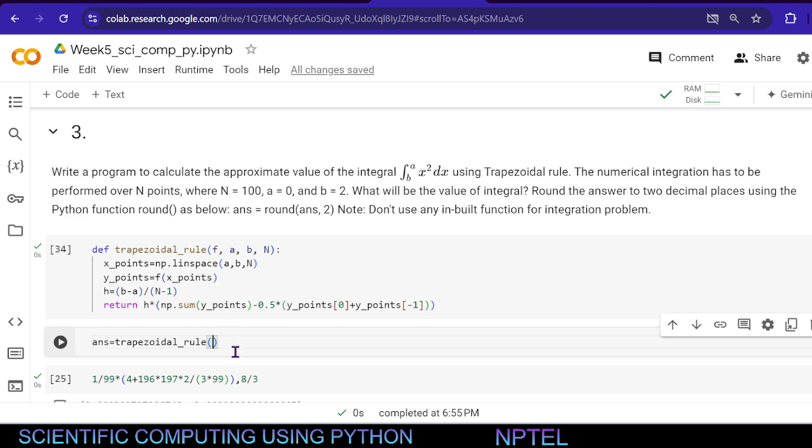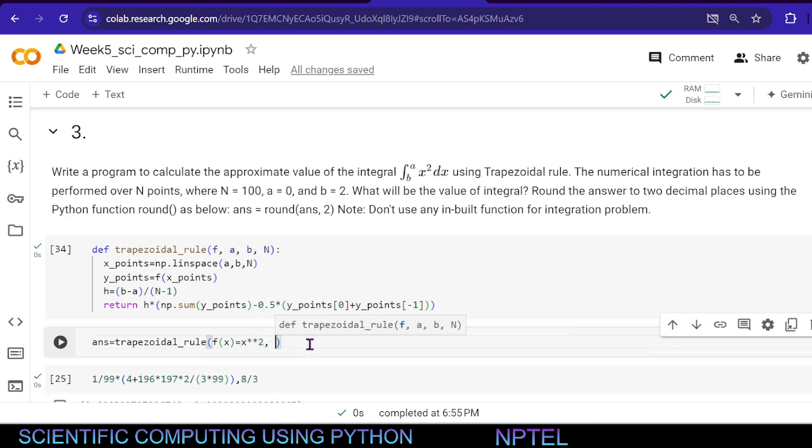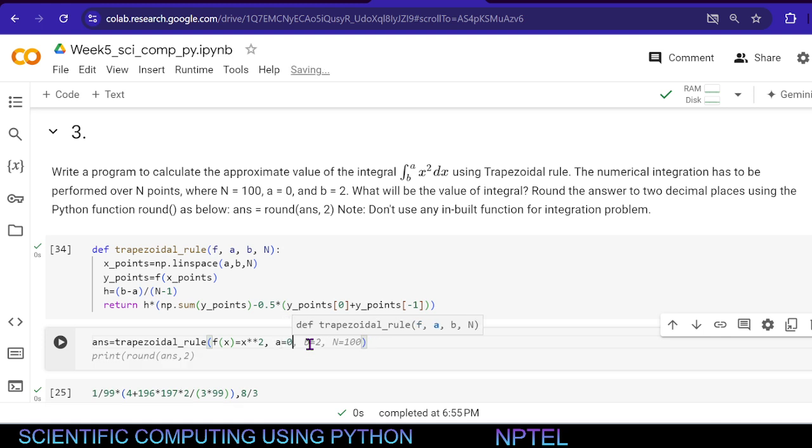Now we can write a function using def, the conventional way, or the other way is to write it right here itself. f of x is equal to, what is our function? x square, right? Then a is equal to 0, b is equal to 2, and n is equal to 100.